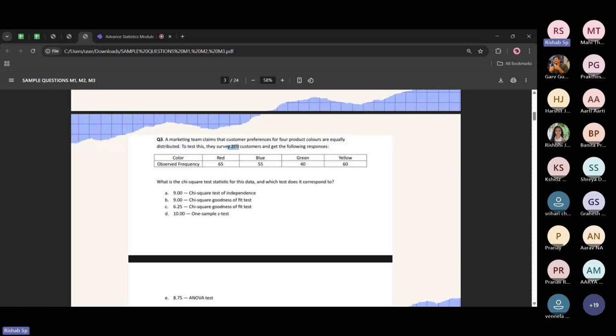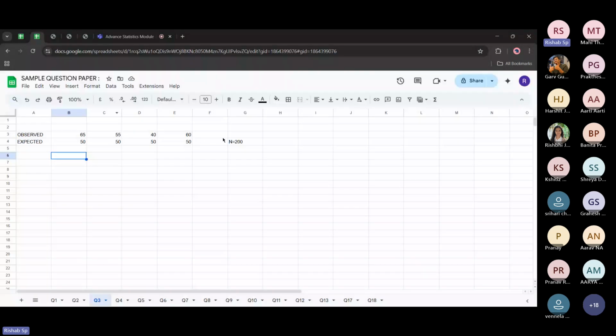We are conducting a survey of 200 people, so we divide this number into 4 equal parts since we are assuming it's uniformly distributed. If there is a 5th variable, we'll divide that into 5 equal parts. So we got the observed, we got the expected.